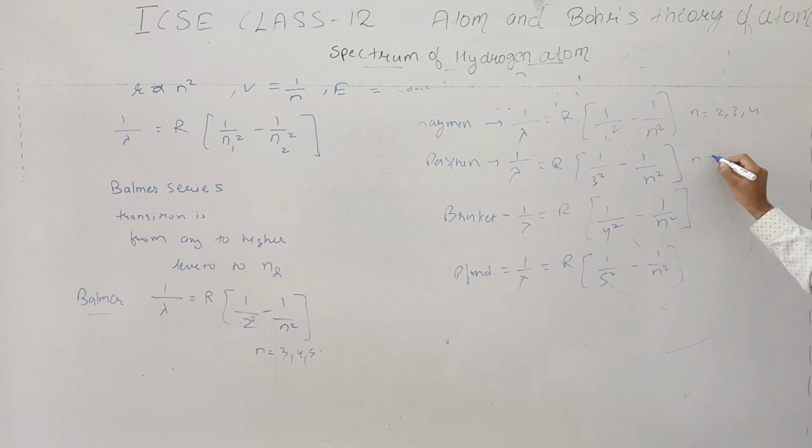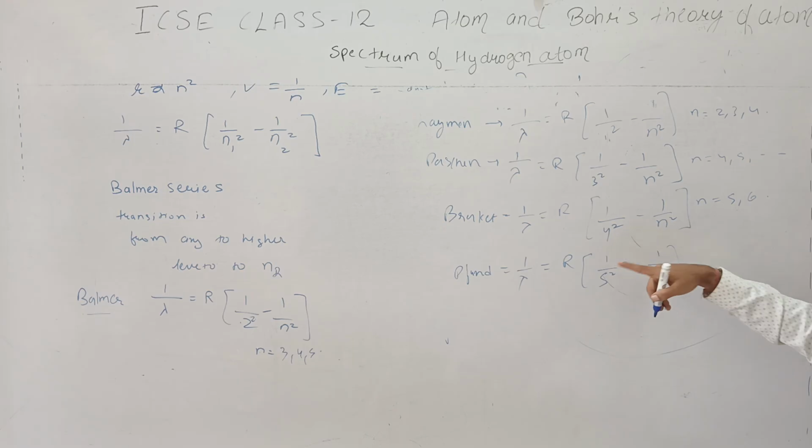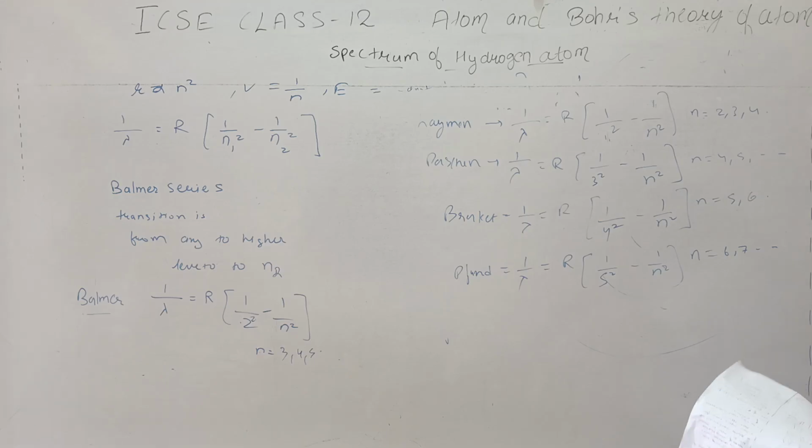So here n can be 5 or 6 or any higher level, because the transition is to the fourth level, other higher levels are 5 or 6, or 6 or 7 or any other level. These are the different transitions.